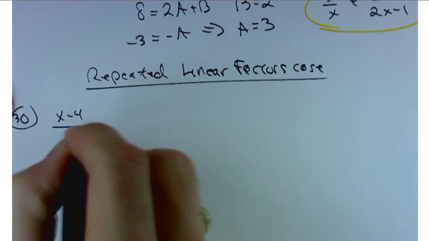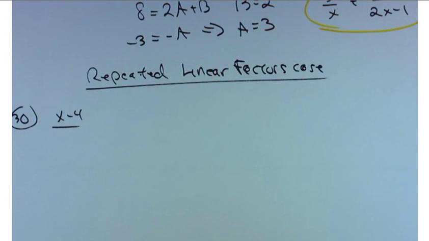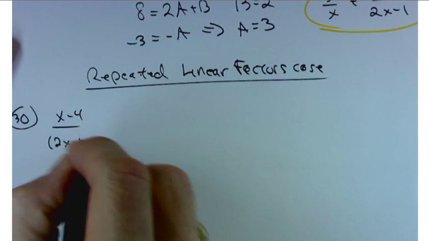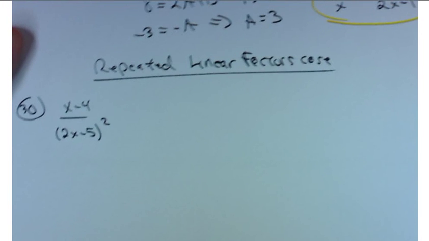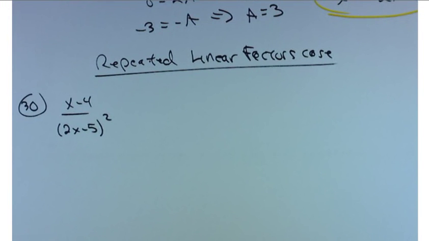(x minus 4) over (2x minus 5) quantity squared. Well, this is different than, say, problem number 22, because you don't have an x and a 2x minus 1. You've got this thing twice.